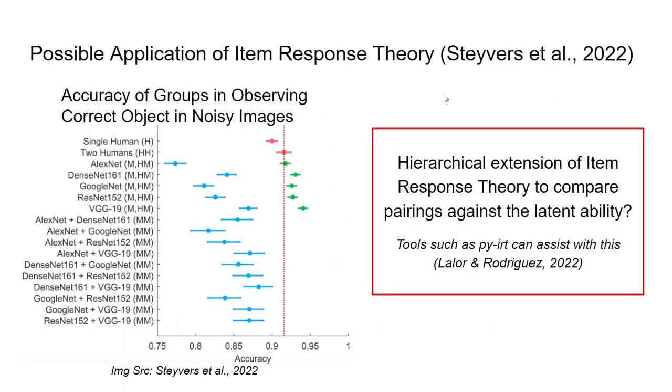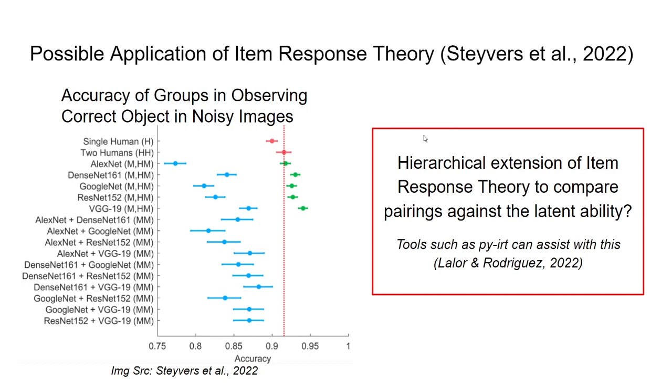And now jumping into a possible application that I can use item response theory for, because I found it very interesting from this paper from Stivers et al. 2022, in which they were measuring the accuracy of groups in observing correct objects in noisy images, where they had human-human pairings, human-machine pairings, and machine-machine pairings.